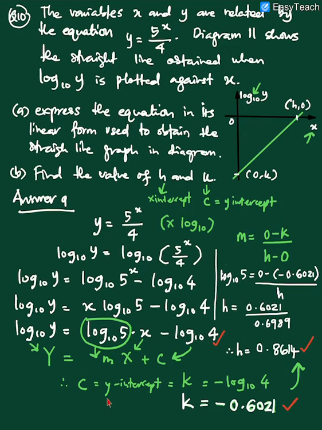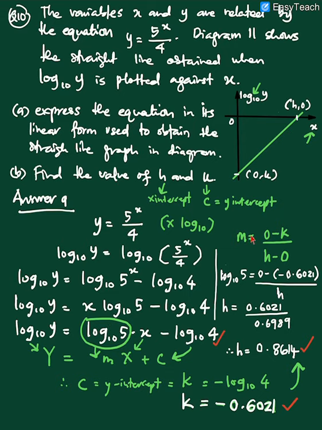So I can compare our y-axis, our x-axis, our gradient and our y-intercept. Our c, the y-intercept, is actually our k from this diagram, so k equals negative log base 10 4. Using a calculator, we get negative 0.6021. To find h, we compare with the gradient, which is log base 10 5.